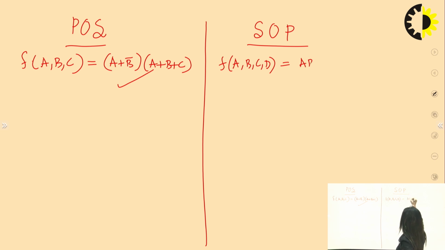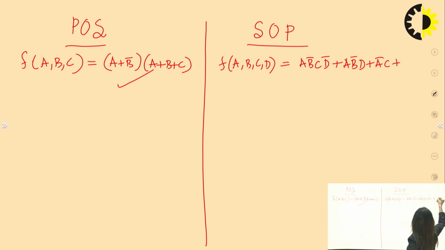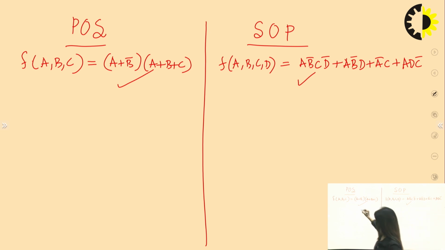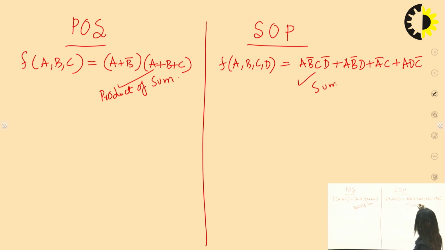So this is the SOP, sum of product form, and this is the product of sum form. So this is product of sum, and this is sum of products.